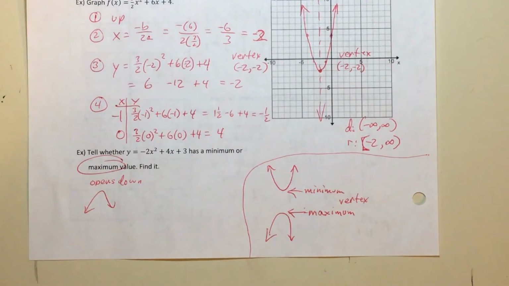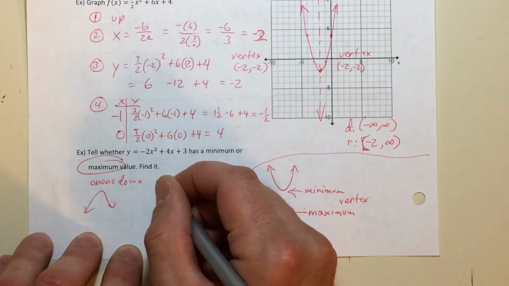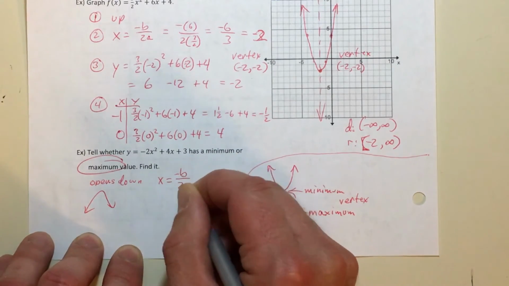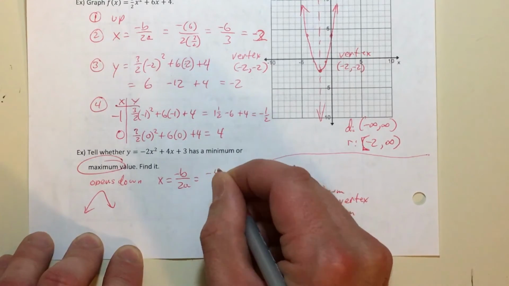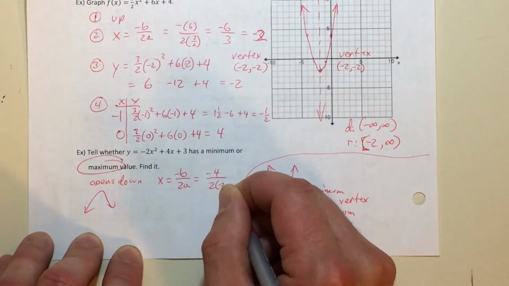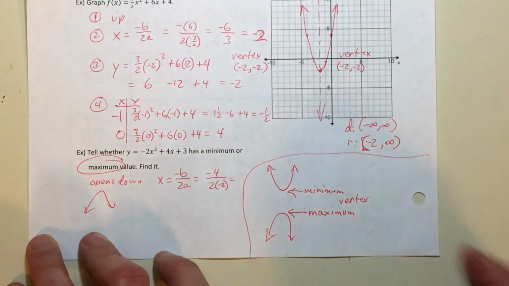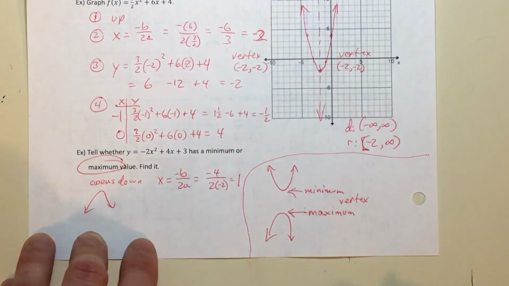And then to find it, we have to do our first two steps. Or I'm sorry, our first three steps. We already found out it opens down. Next up is we need to do our axis of symmetry, -b over 2a. End up with just a 1 value.